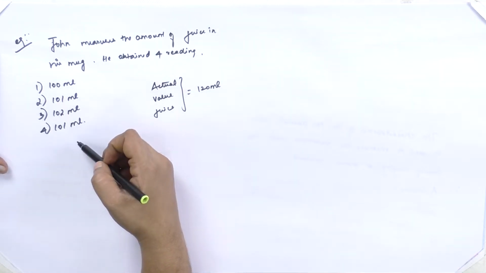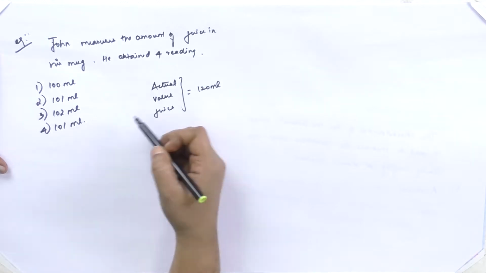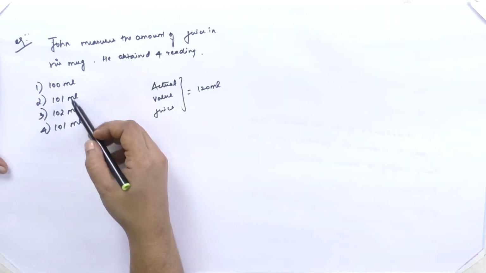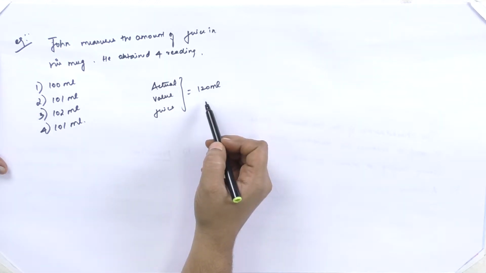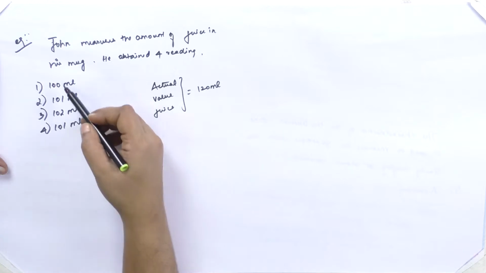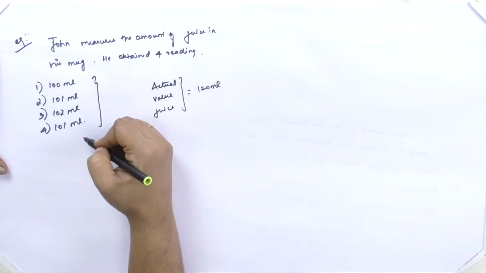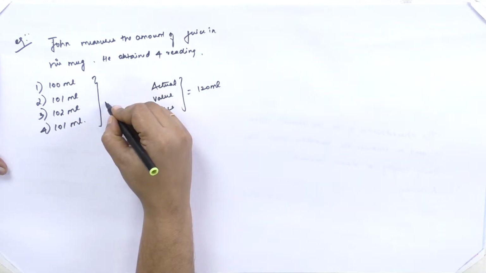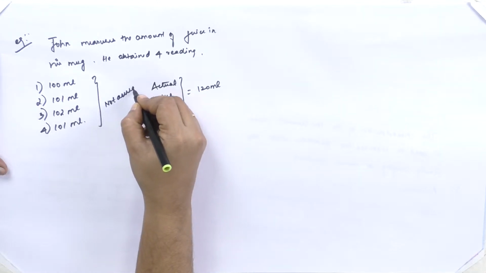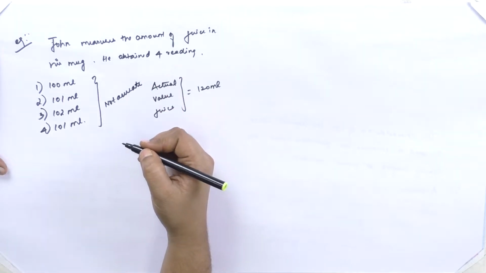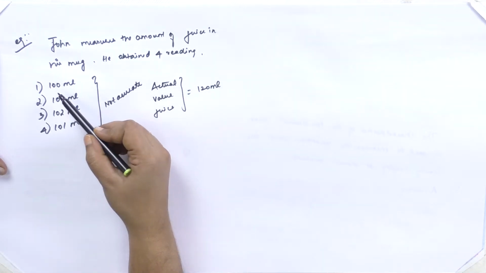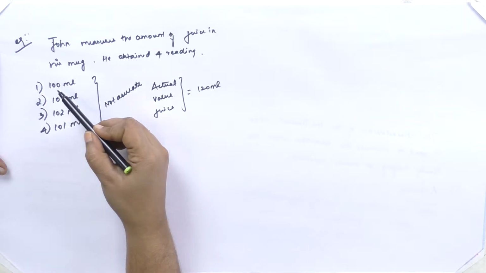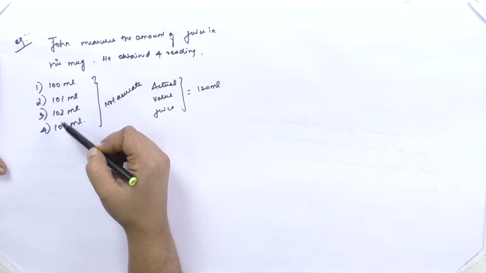So, by seeing these readings, we can say that from the definition of accuracy, none of these values measured is nearer to the actual value, that is 120 ml. So, we can say that the instrument which is used to measure these readings is not accurate, which is the first static characteristics. Now, let us see what is precision. But while observing these readings, we can see that the difference between these 4 readings is very small.